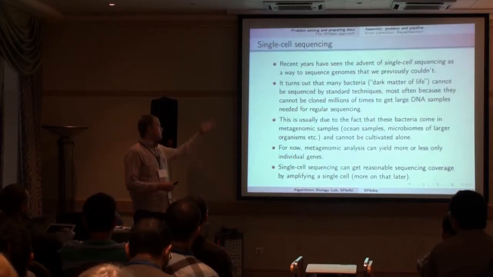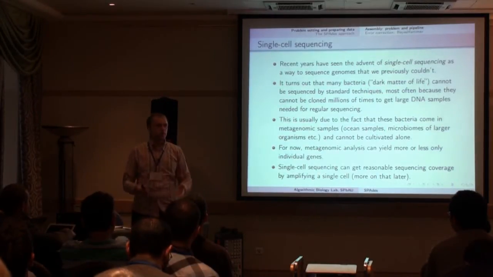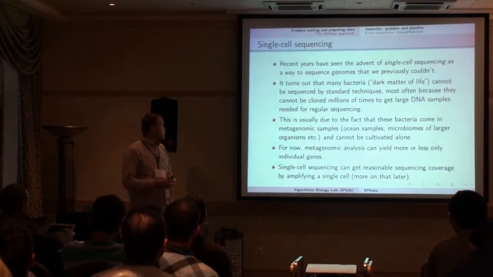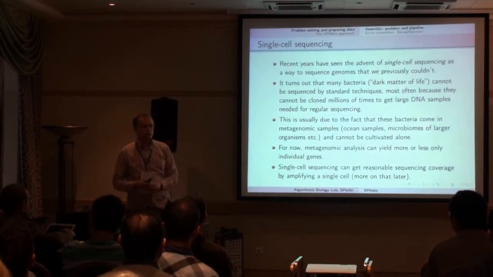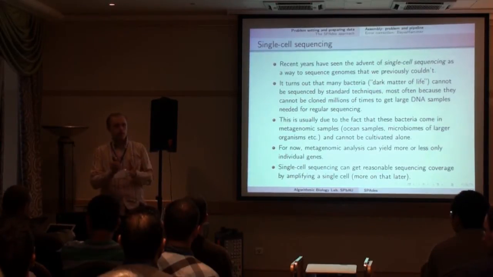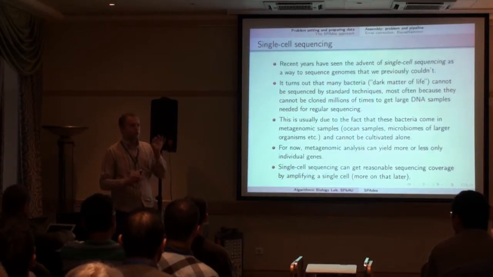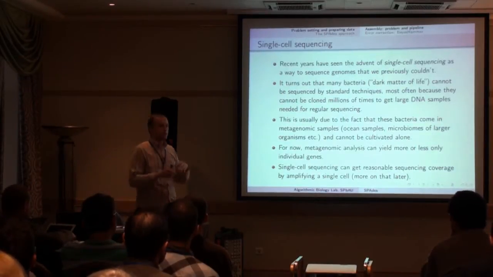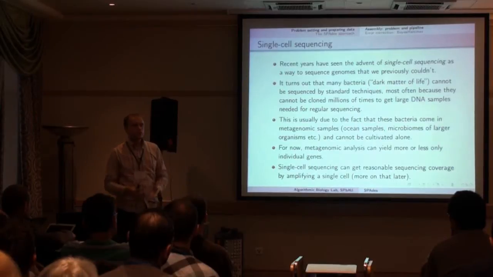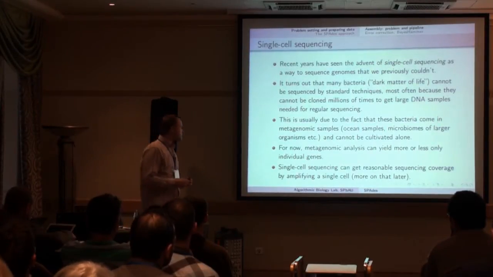called so-called dark matter of life, cannot be sequenced by standard techniques like Illumina because, most often, they simply cannot be cultivated. They cannot be separated from their biotas, and they cannot be cloned 1 million times individually so that we can get a lot of pure genetic material from this specific cell.